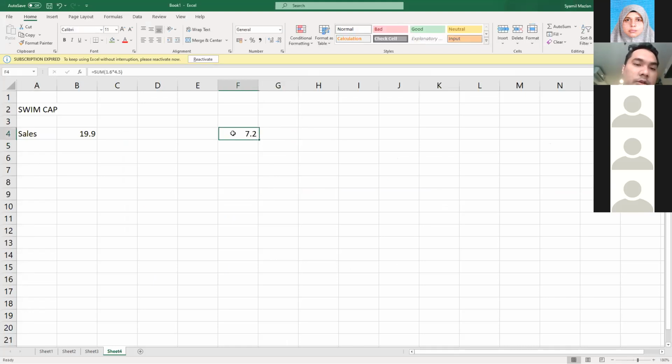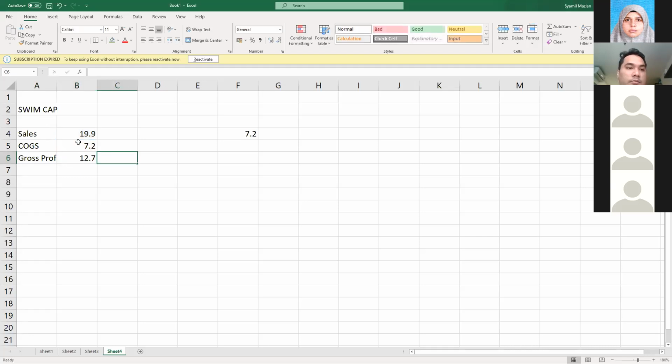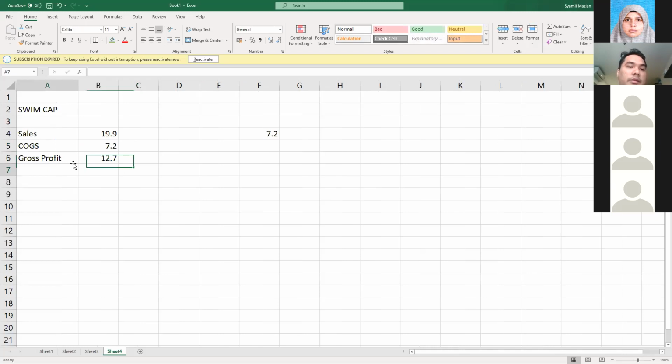So actually the cost for one cap is 7 ringgit 20 cent. So how much is your gross profit? RM12 and 70 cents.